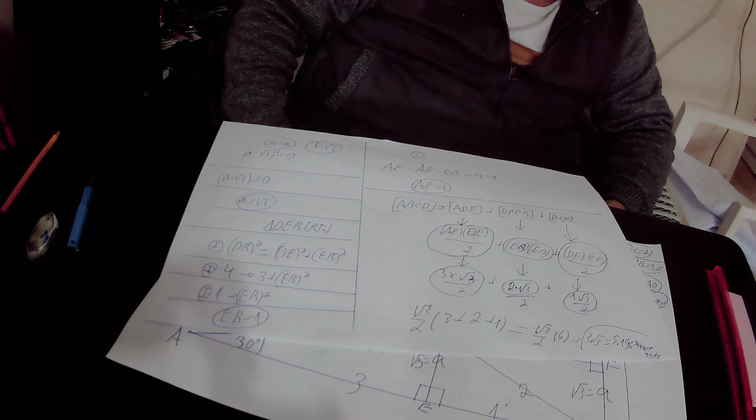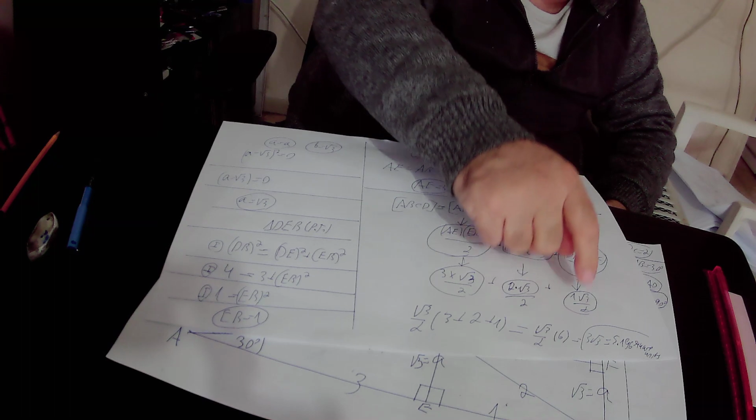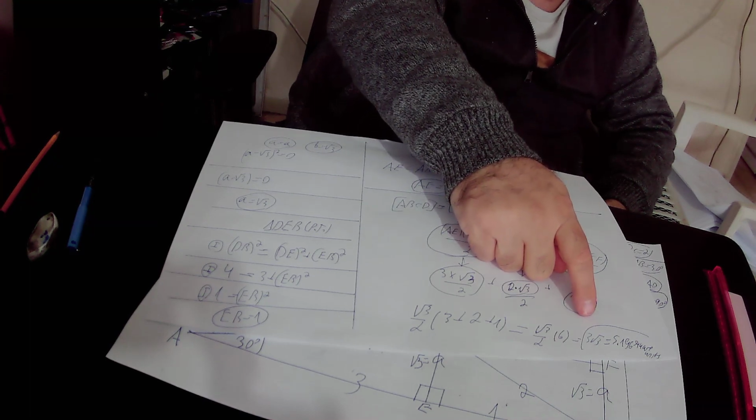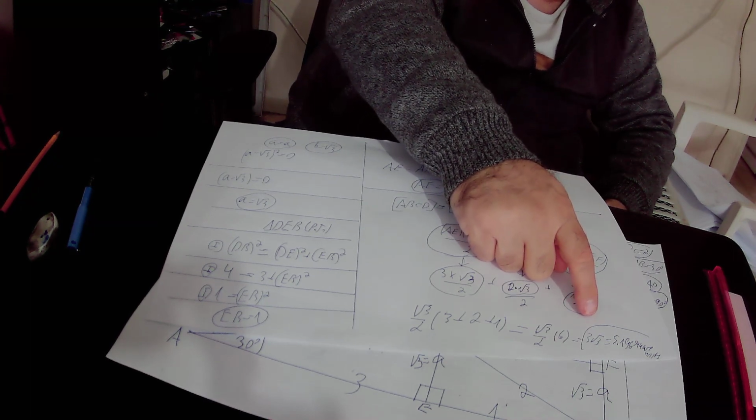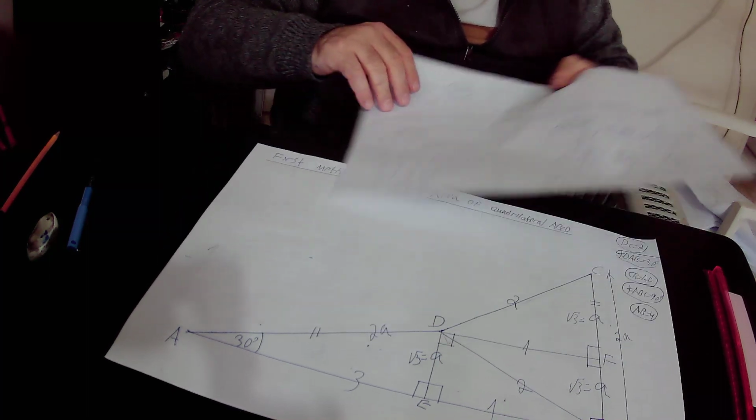So we found that the area of quadrilateral ABCD equals square root of 3 times 3 square units, so in terms of numbers it equals 5.196 square units. So we finished with the first method.